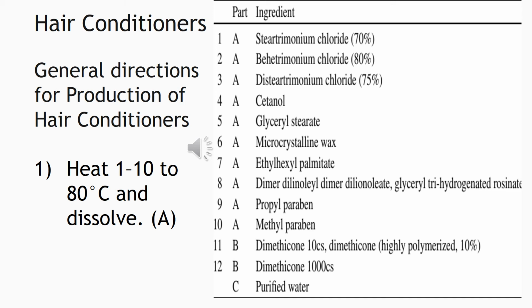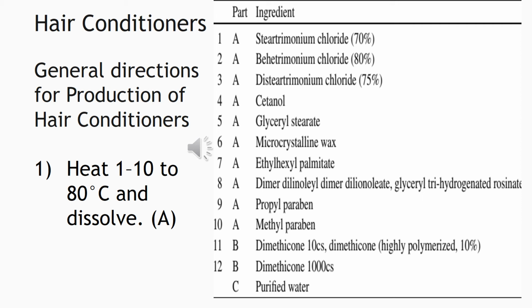Numbers 1, 2, 3 are quaternary ammonium salts, and 4 is an alcohol, cetearyl alcohol, then an ester, glyceryl stearate, then microcrystalline wax, then ethylhexyl palmitate, then a dimer. Many polymeric products are used in cosmetics. Then propyl paraben and methyl paraben.